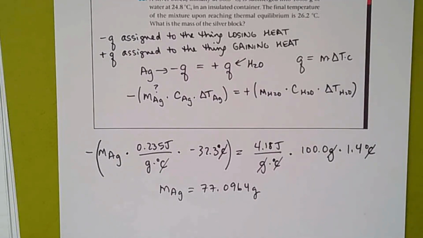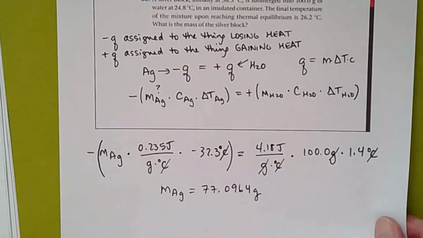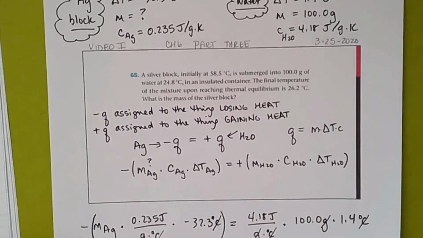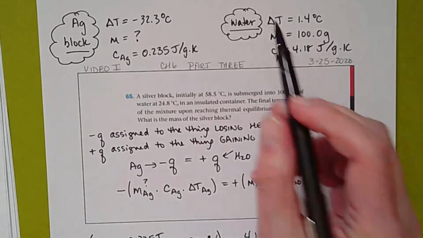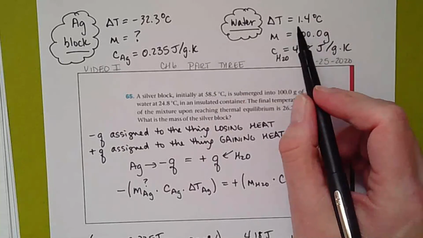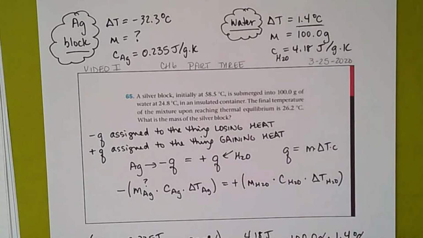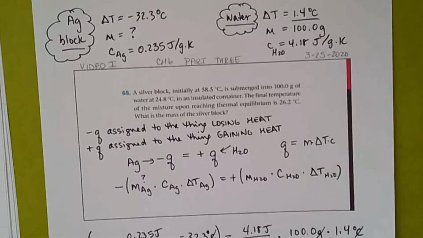If we go up here and look at all of the numbers we started with, we have 1.4 degrees, and that number is going to limit our final answer to 2 significant figures.